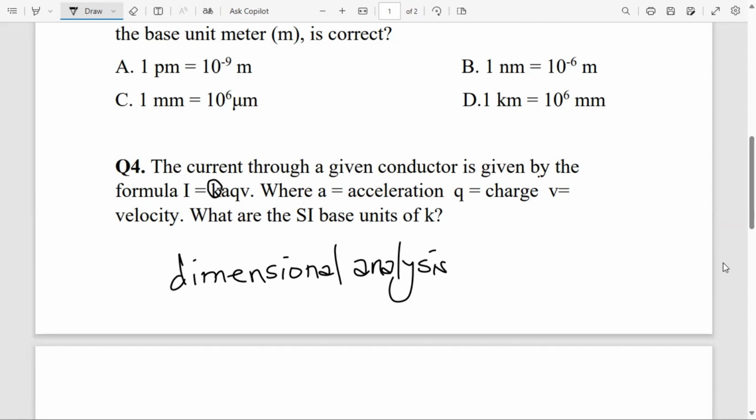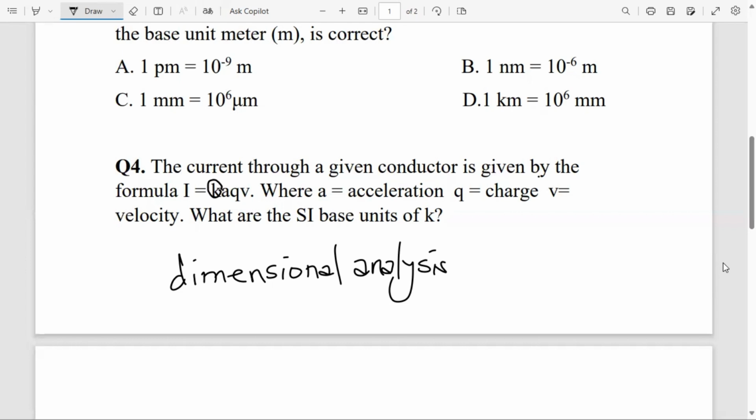And I've told us to say I is for current, A is for acceleration, V is for velocity, whilst Q is for charge.